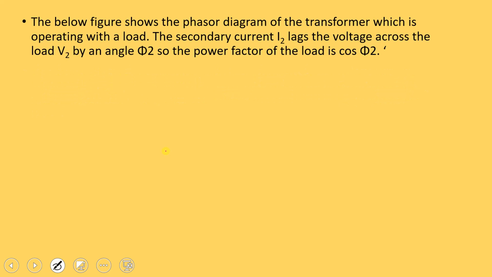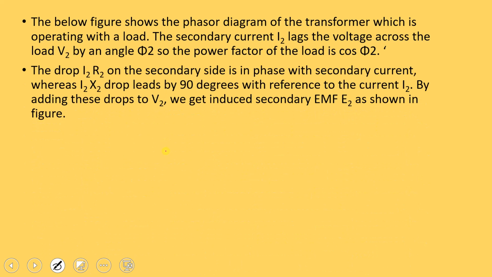The figure shows a phasor diagram of the transformer operating with the load. The secondary current I2 lags the voltage across the load V2 by an angle phi 2. So the power factor of the load is cos phi 2.